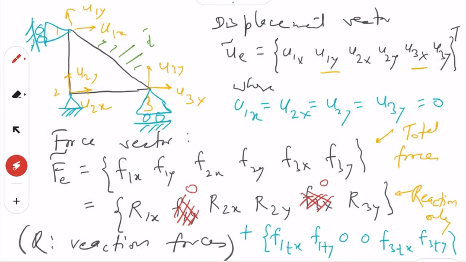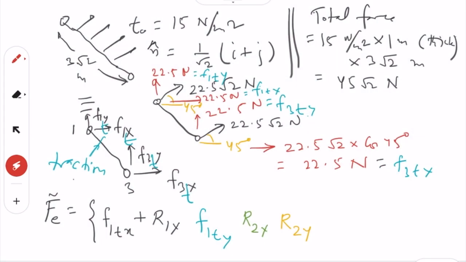So here, this plus this one, so F3Tx, F3Tx in x direction, F3Tx, okay.